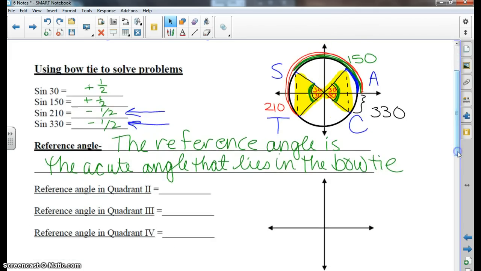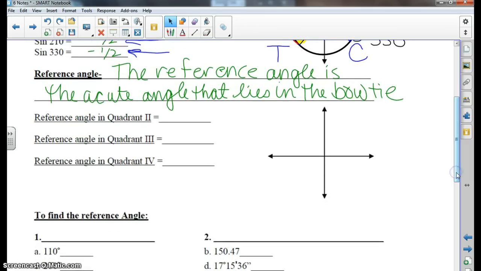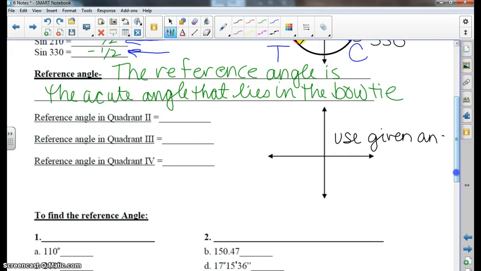And that acute angle lies in the bow tie. To find a reference angle, we merely need to use some basic rules. In the first quadrant, we'll use the angle that we are given. In the second quadrant, we'll use the supplement of the given angle.